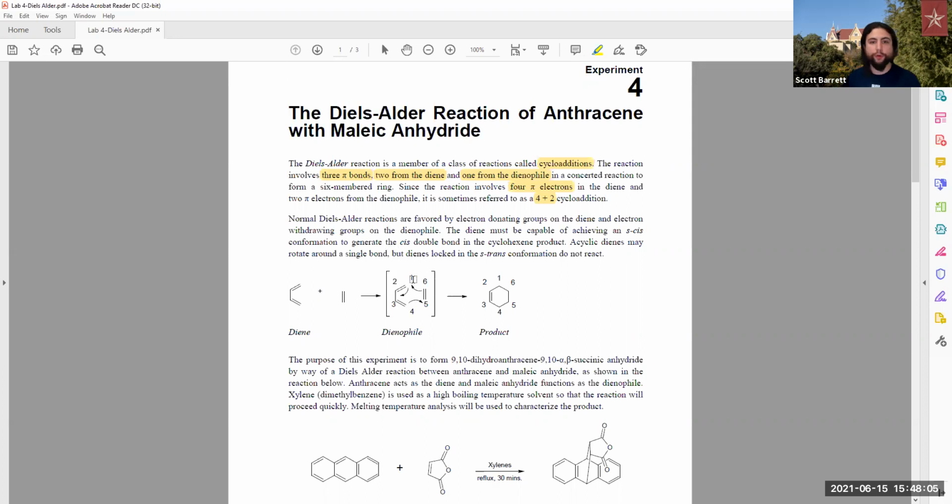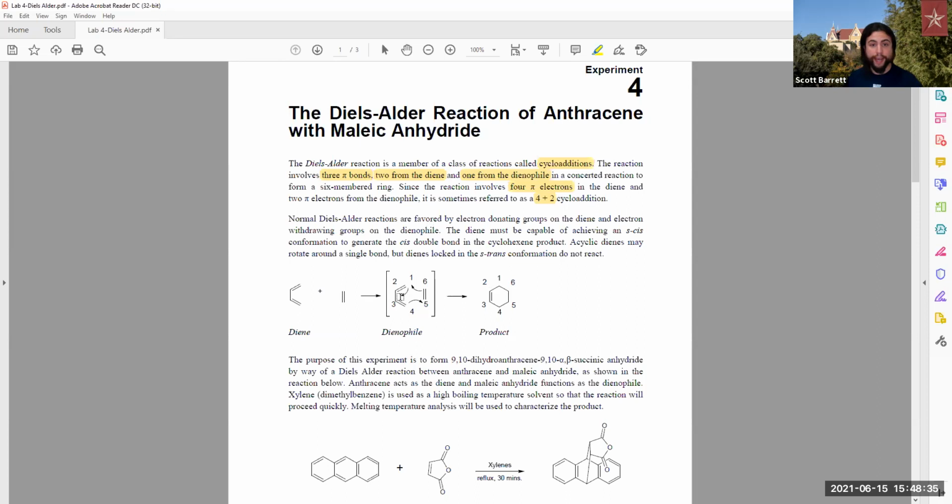So the mechanism for it is a 4 plus 2 mechanism. It occurs all at once. What happens is that it actually shifts over. The electrons shift from the 1-2 alkene right here over to the 2-3. And then the 3-4 shifts over to create a single bond over to 4-5, or a sigma bond in this case. And then the 5-6 pi electrons, they actually shift over to create a new sigma bond to the 1-6.